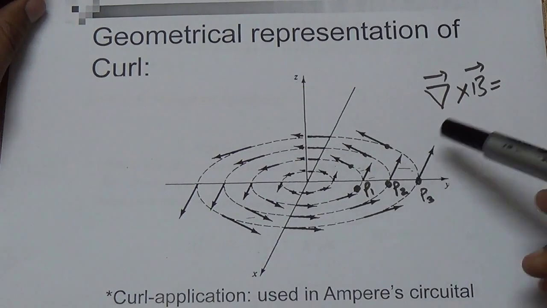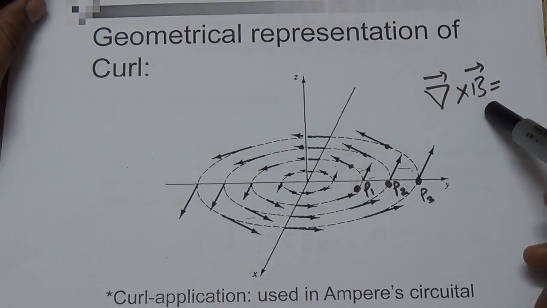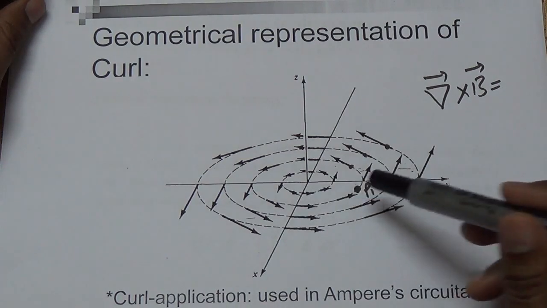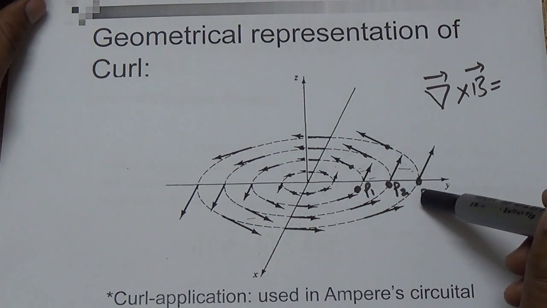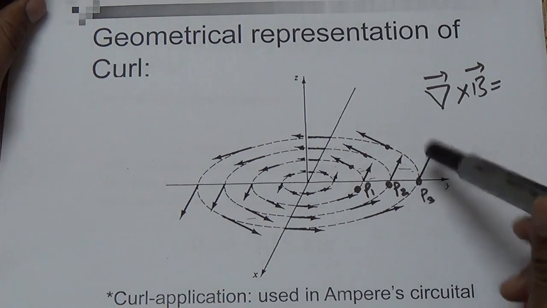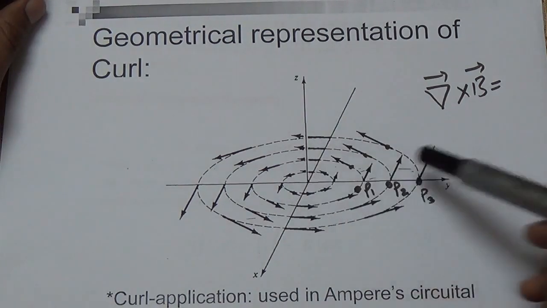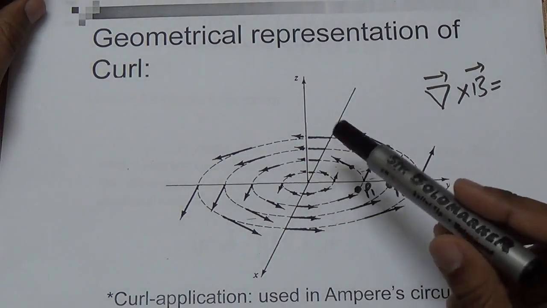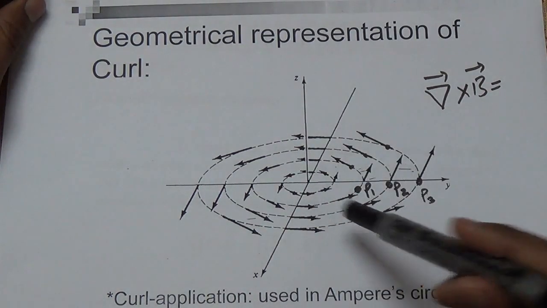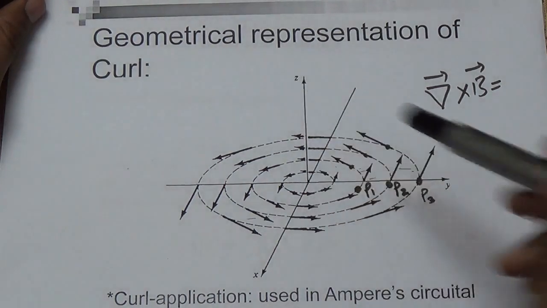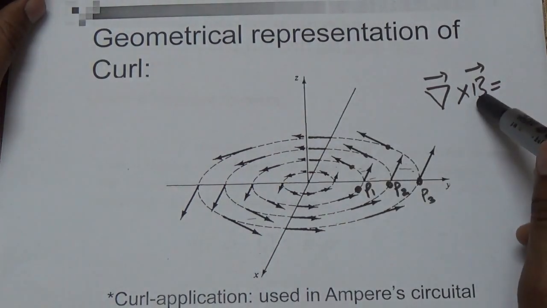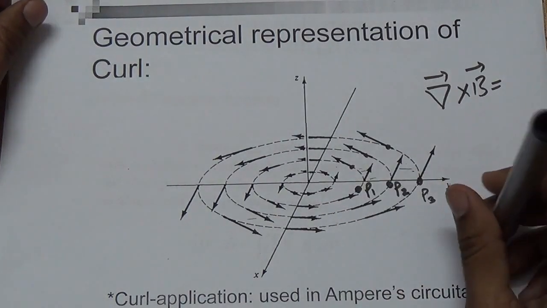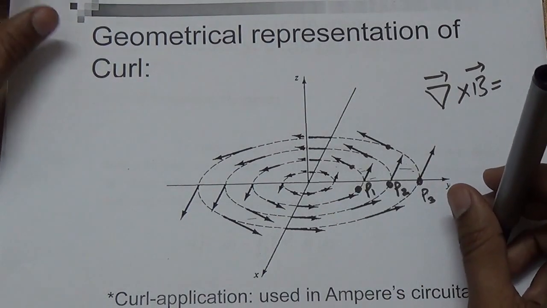For that I use the formula del cross B. I can find out the direction and magnitude at point P1, point P2, point P3 and so on. The field rotates in the xy plane and the axis of this rotation will be along the z direction. The result of this curl will be along the z direction. So this is the physical picture of the curl.